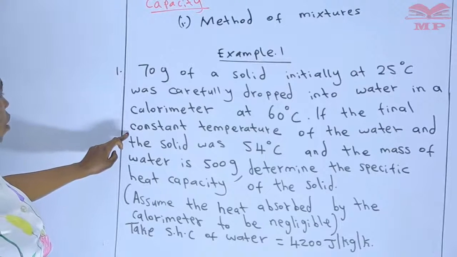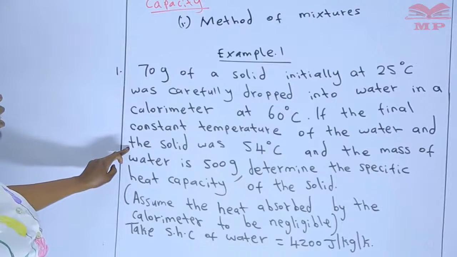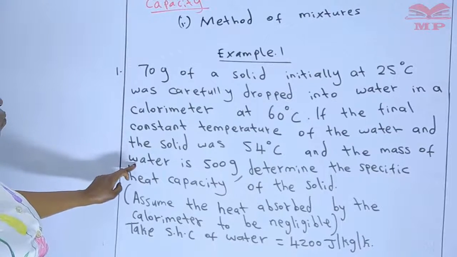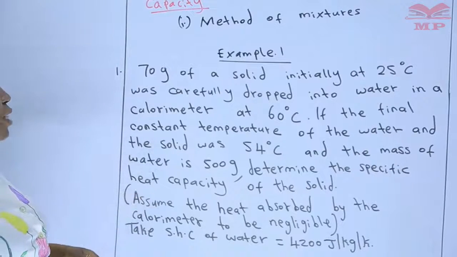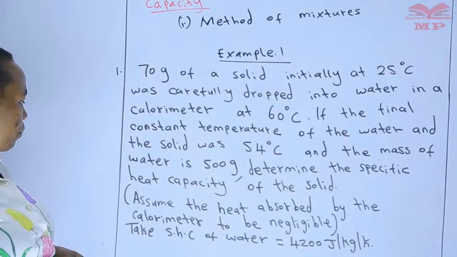If the final constant temperature of the water and the solid was 54 degrees Celsius and the mass of water is 500 grams, determine the specific heat capacity of the solid.